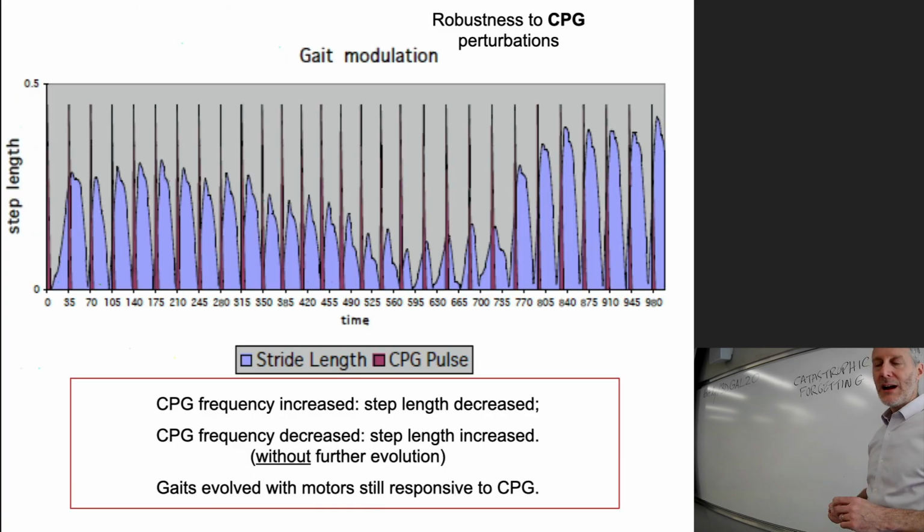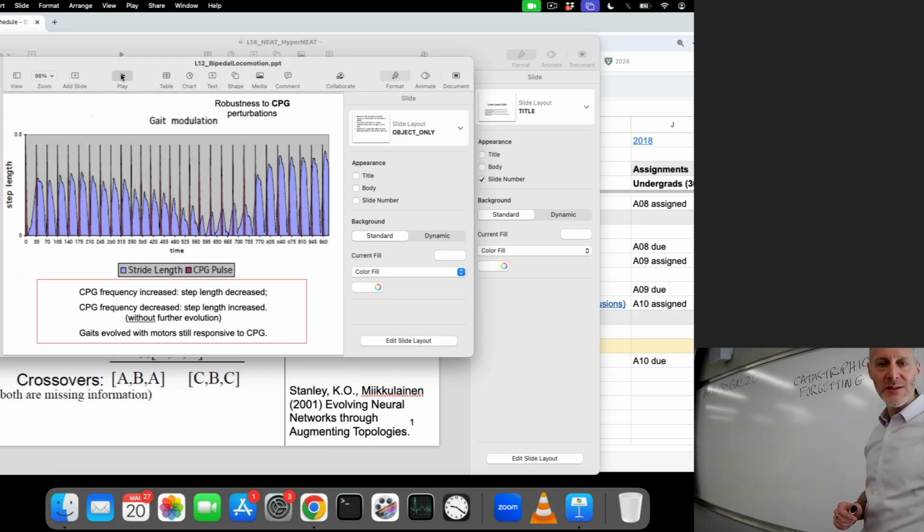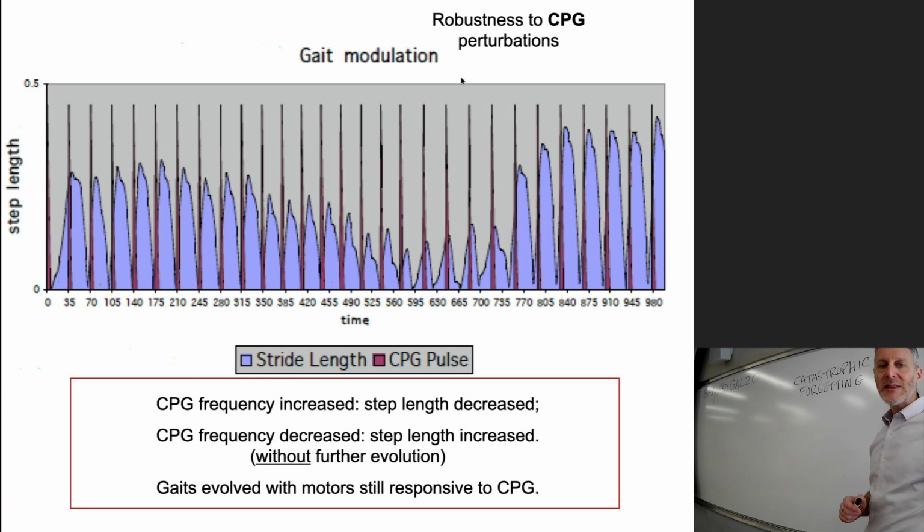Okay. Phase 6, I promise this is the 6th and final phase of this experiment. They continued to evolve bodies and brains of these walkers to now be robust to CPG perturbation. What does this mean? What they did in this case was, during the evaluation of every robot during this evolutionary phase, they messed with the metronome.